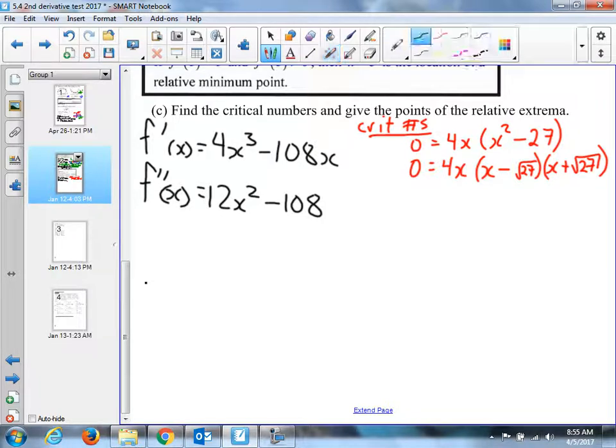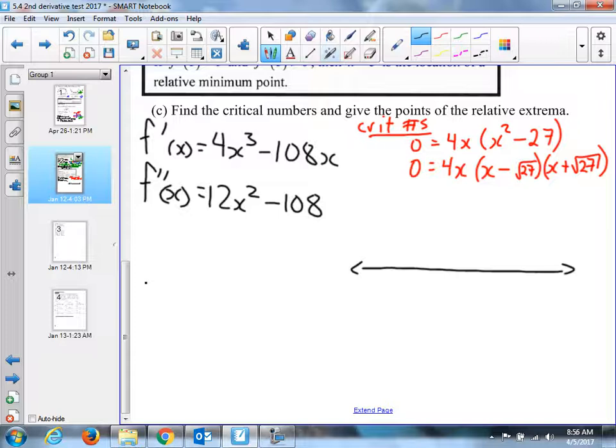I'll do a quick sign analysis because I said I would. It's actually easier to think of it as root 27 than 3 root 3, but if you're looking up answers in the back of the book, I'm sure they'll have 3 root 3 and negative 3 root 3.